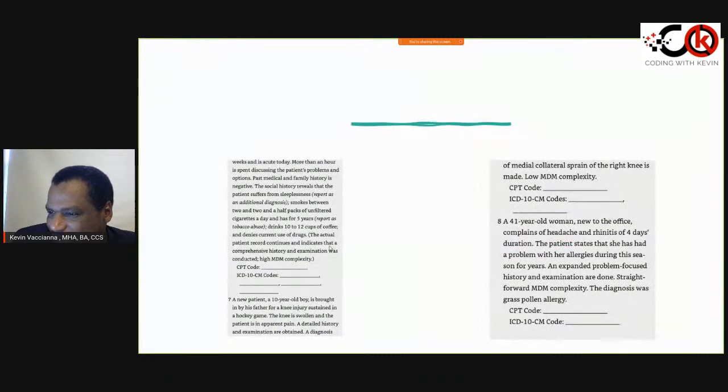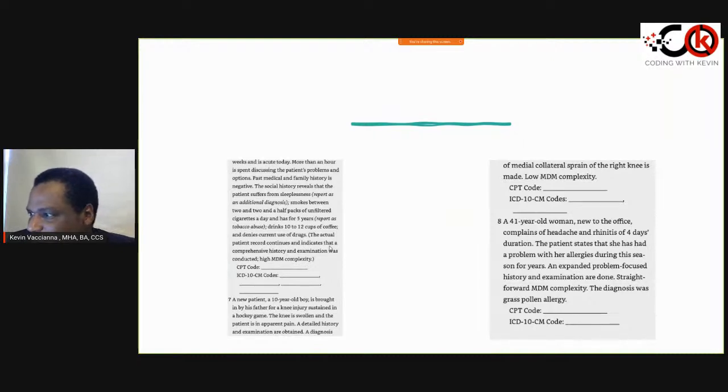All right. Where did we leave off? We were going over number 7. A new patient, a 10-year-old boy, is brought in by his father for a knee injury sustained in a hockey game. The knee is swollen and the patient is in apparent pain. A detailed history and examination are obtained.